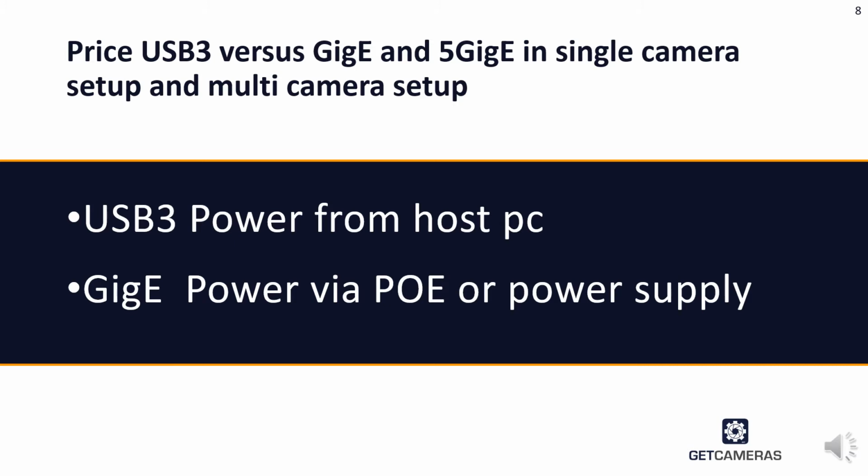So the price of the two cameras is about the same, but the network does have a cost of setup and maintenance. So this should be considered. Another very important point is that if you use only one camera, you may connect the camera directly to the computer. Now, besides the power supply, which must be considered, usually all modern computers do have at least 2 USB 3 ports.